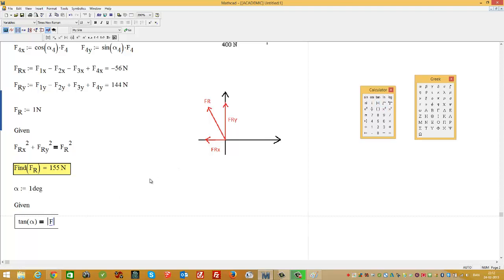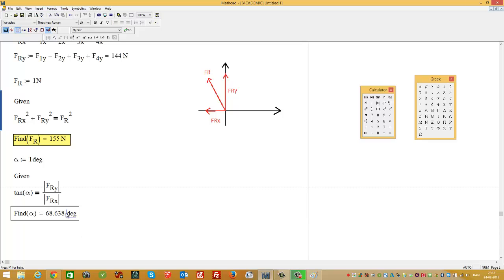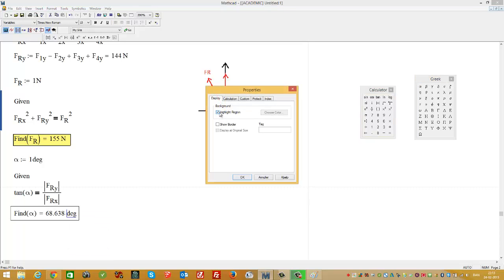So I set fr in the y direction, divided by the absolute value of fr in the x direction. And then I can ask for alpha. And it's radians, so I convert to degrees. And this is the final result.